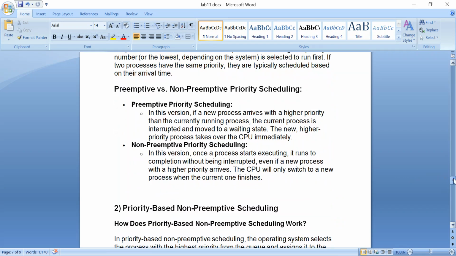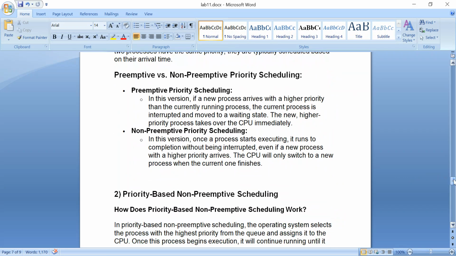And the next thing is non-preemptive priority scheduling. In this version, when the process starts executing, it runs to completion without being interrupted, even if a new process with a higher priority arrives. The CPU will only switch to a new process when the current one is finished.